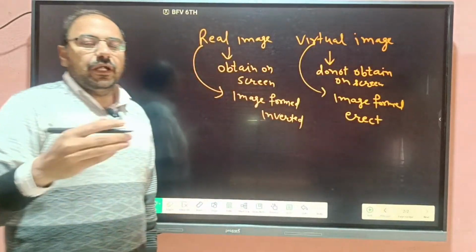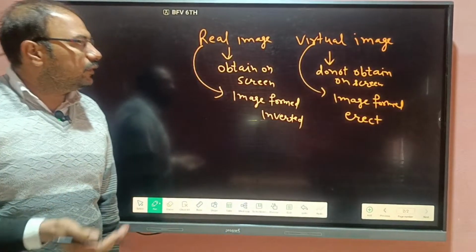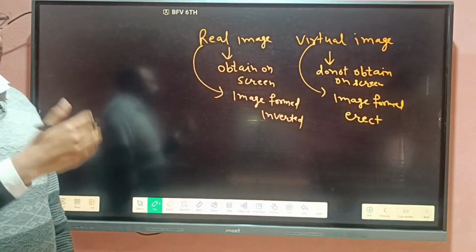Erect means a straight image is formed, and a real image is inverted. So these are the types of image, real and virtual.